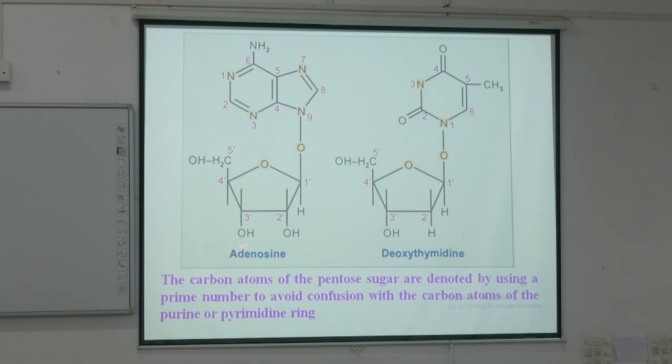So is adenosine a nucleotide or a nucleoside? Nucleoside. Like that, how will deoxythymidine form? This is your thymine ring. When it binds with the deoxyribose sugar, it will form deoxythymidine.